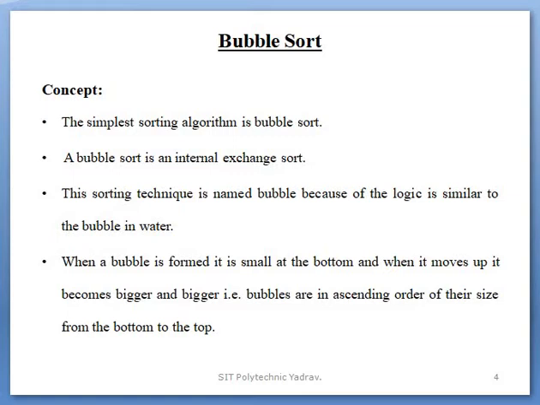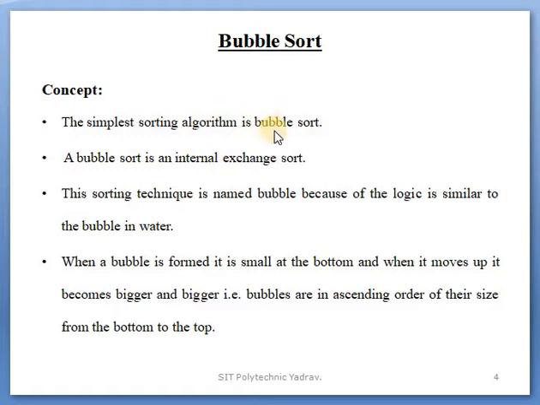When a bubble is formed in water, it is small at the bottom, and when it moves up, it becomes bigger and bigger. That is, bubbles are in ascending order of their size from the bottom to the top.